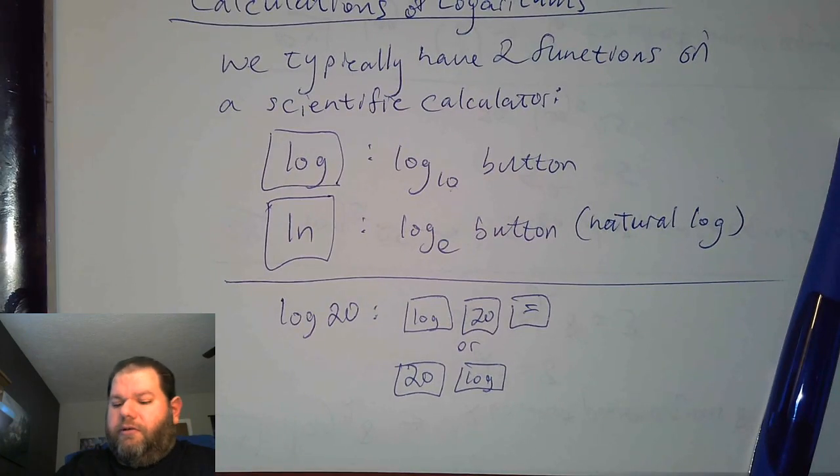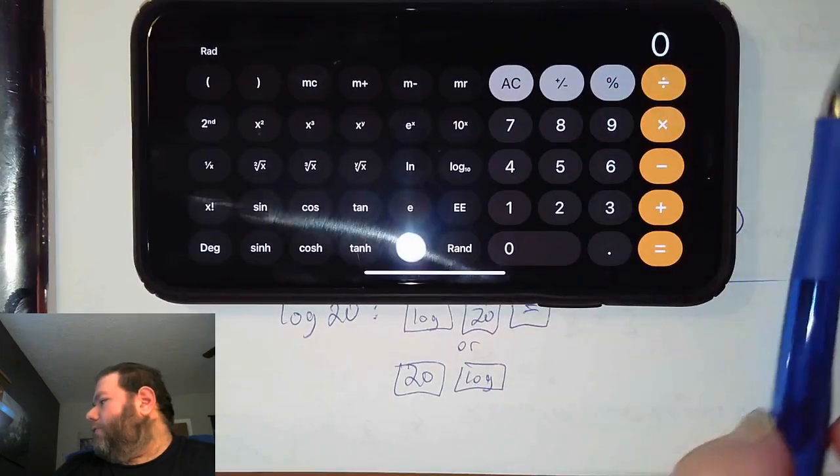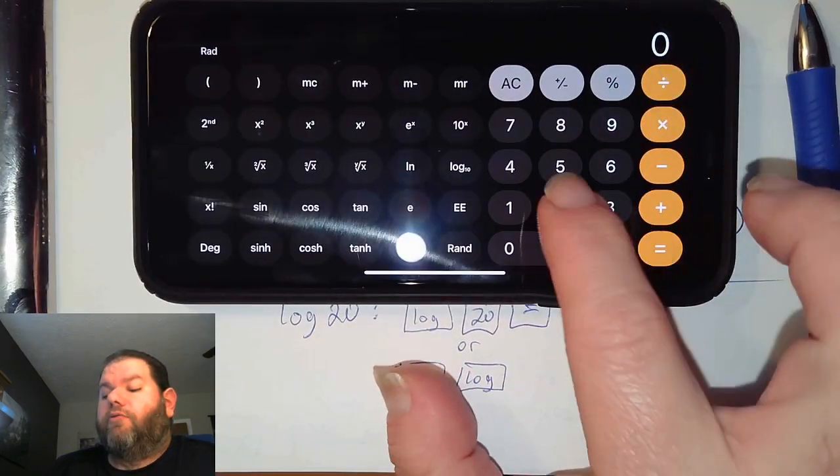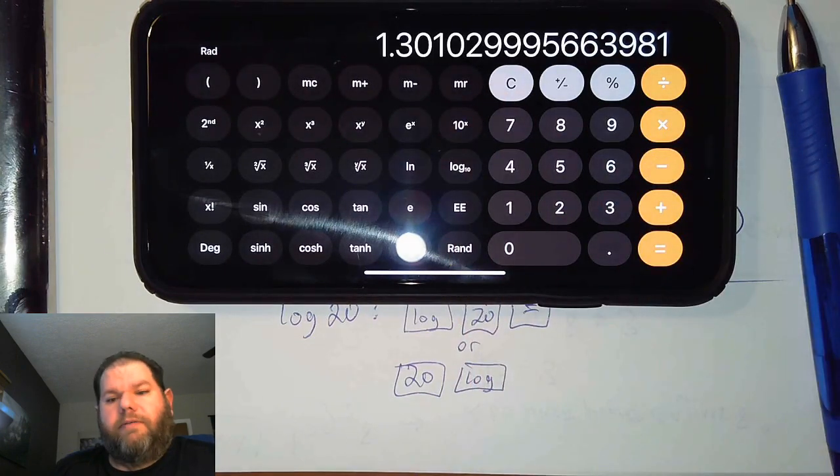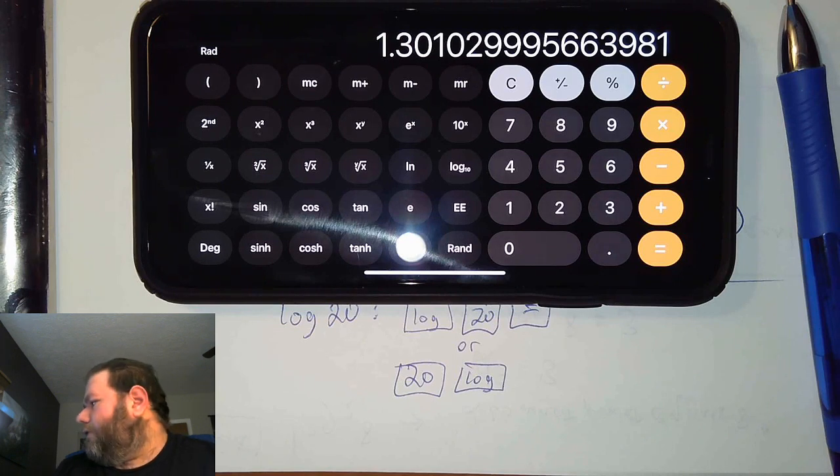On my phone calculator, however, I have to press the 20 first and then press log, and then it'll give me an answer. So it depends on which one you have.